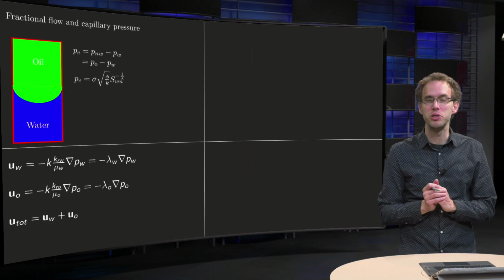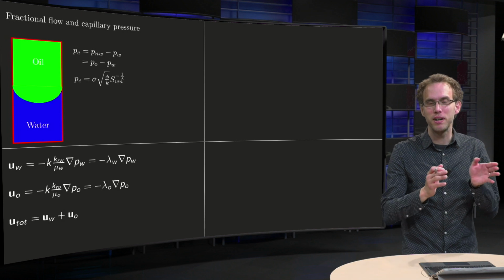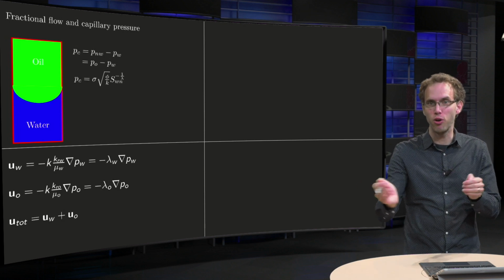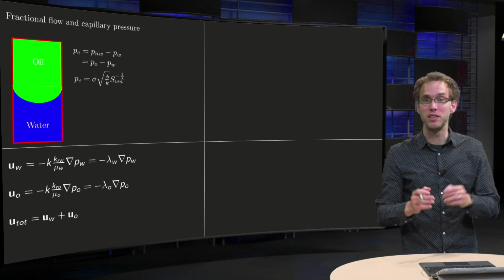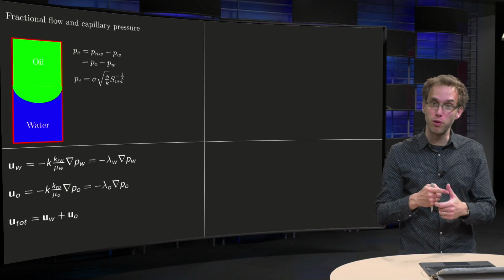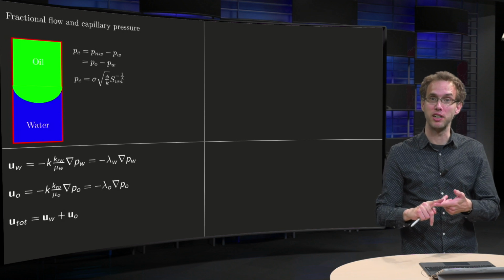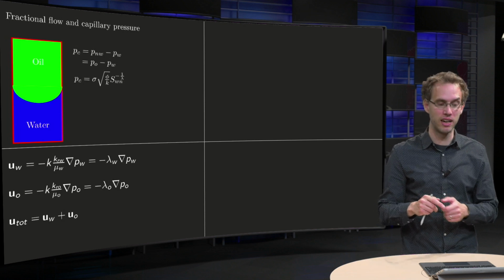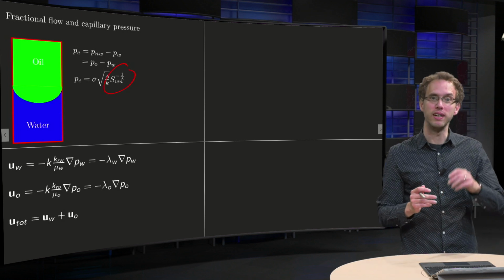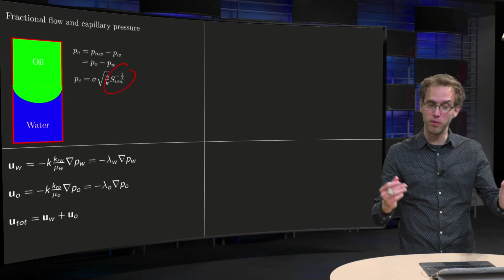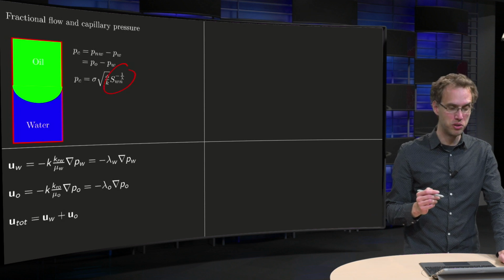Now, how can we use this? This capillary pressure relates to water pressure and oil pressure. So we can use it to eliminate the oil pressure in terms of water pressure and a capillary pressure. A capillary pressure is then again modeled in terms of your SW. So that's what we are going to do. We get rid of our oil pressure, we have only one pressure left. So how do we do that?